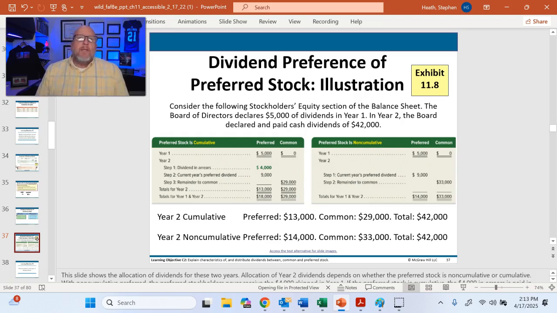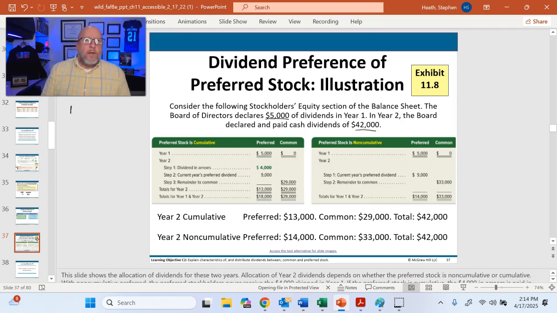Let's give this particular slide a look, although already it's concerning me, but let's just see what it's saying. All right, so consider the following stockholders' equity section of the balance sheet. The board of directors declares a $5,000 dividend in year one. And then in the second year, they declare a $42,000 dividend. Okay. So how much in year one?